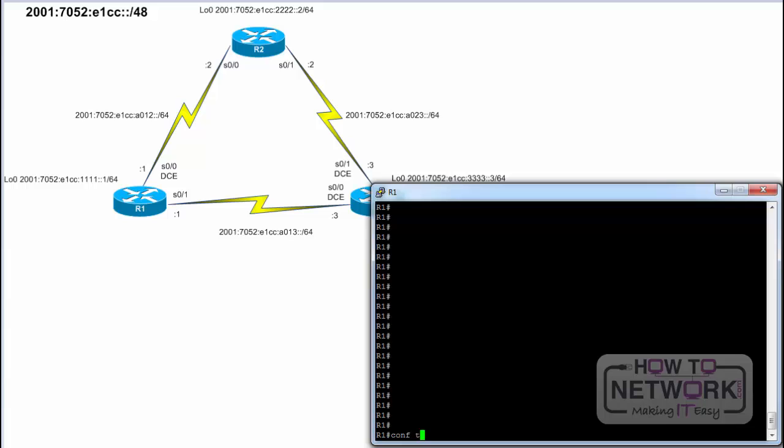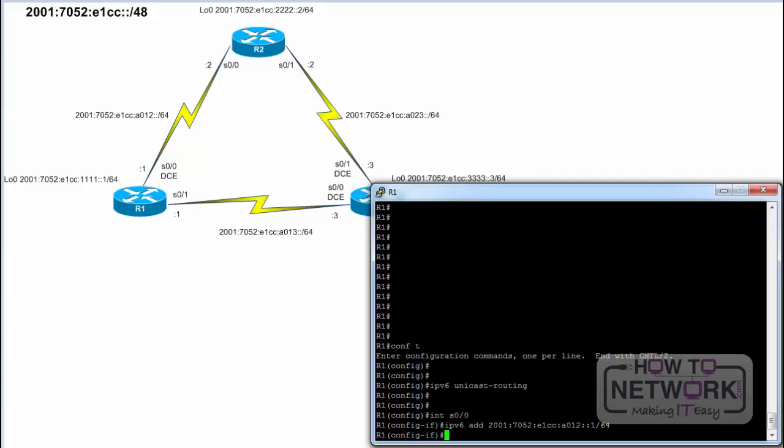Same procedure on router R1. IPv6 unicast-routing. Interface serial 0/0. IPv6 address 2001:7052:E1CC:A012::1/64.